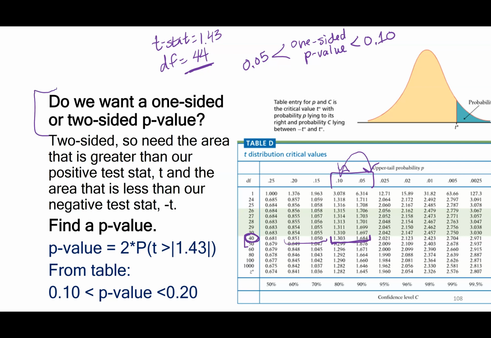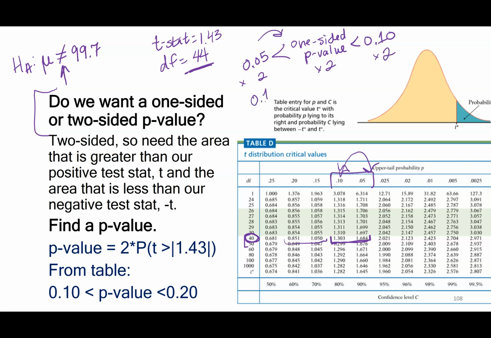So now, getting to this question, do we want a one-sided or two-sided p-value? Remember that came down to that alternative that mu is not equal to 99.7. Because it's a not equal sign, it's saying, hey, I need a two-sided p-value. We have a one-sided p-value, so everything we have here, we have to multiply by 2.